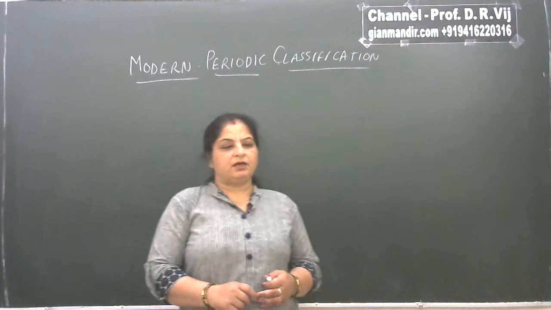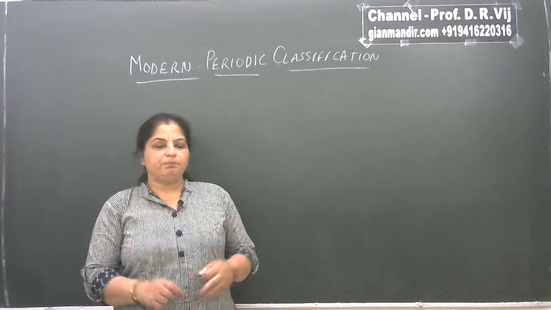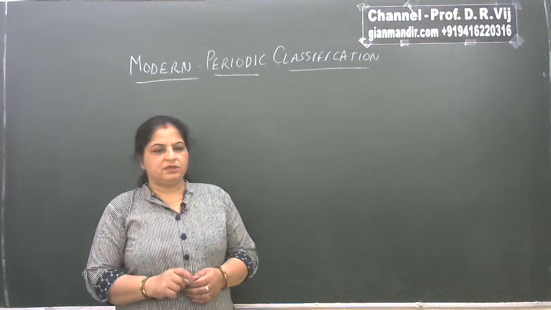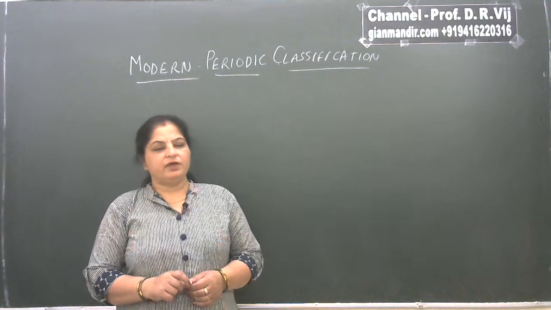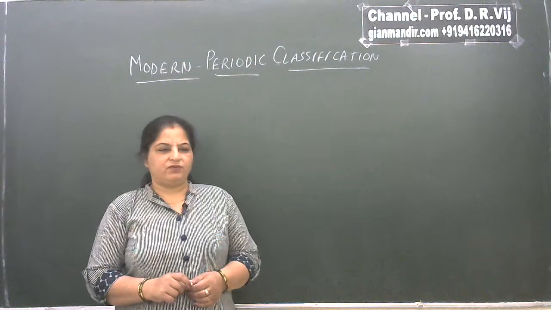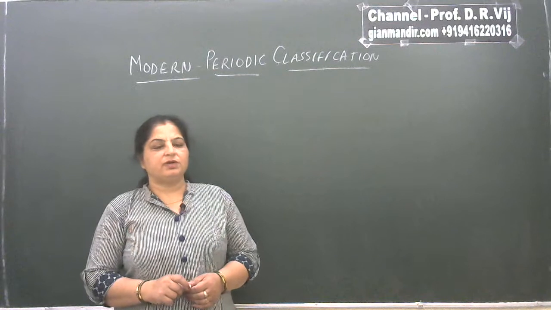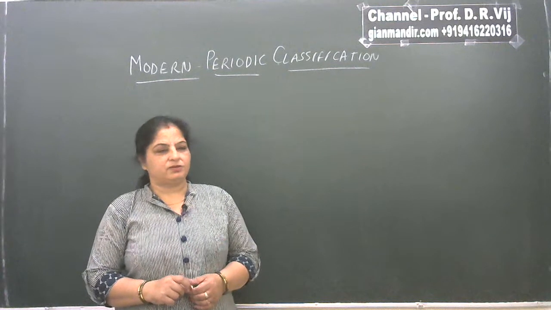In every classification, the basis of classification was considered to be the atomic masses. Earlier, whatever attempts were made to classify the elements were on the basis of their atomic masses.